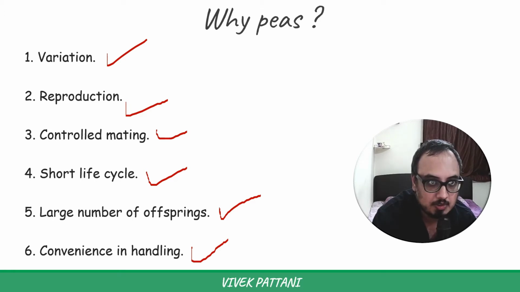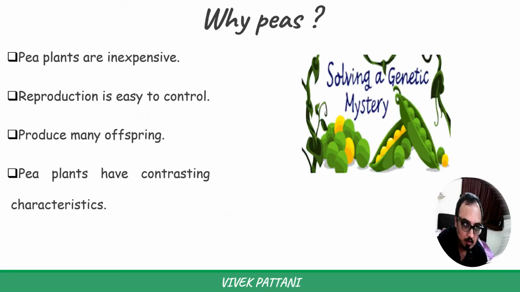The experimental species should be a type that can be raised and maintained conveniently and inexpensively in the laboratory. And as you all know, pea plants are inexpensive, reproduction is easy to control, they produce many offspring, and also have contrasting characters.